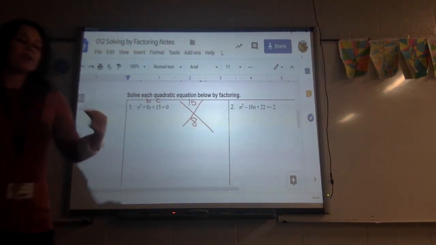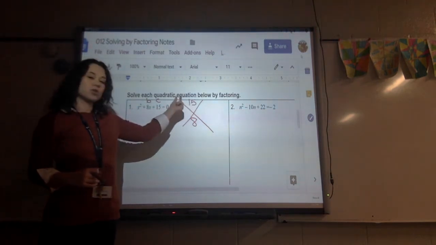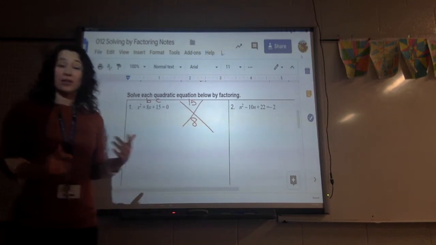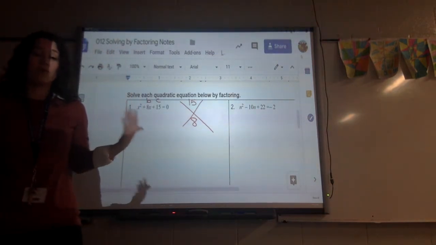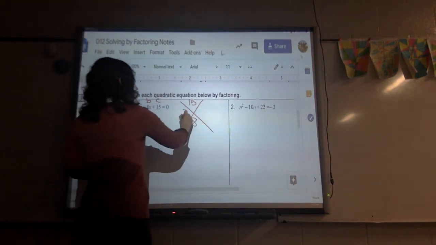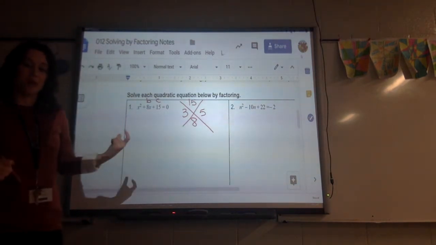So if I want to break these numbers apart, now what I'm looking for is two numbers that will multiply to 15, but will also add to 8. So when I think about the numbers that multiply to 15, the ones that pop in my head first are 3 and 5, which is good because they also add to 8.